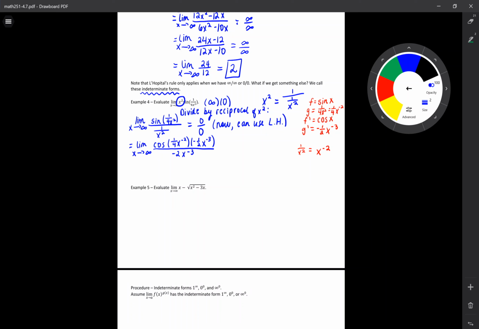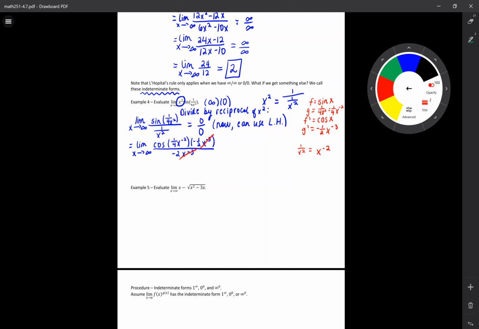Okay, so this is what I have so far. The derivative of the top divided by the derivative of the bottom. And I can cancel some things out here. So I'm multiplying here on the top, I am multiplying this cosine function by negative 1/2 x to the power of negative 3. Since I'm multiplying those two functions together, I can cancel the x to the negative 3 from the top and this x to the negative 3 on the bottom.